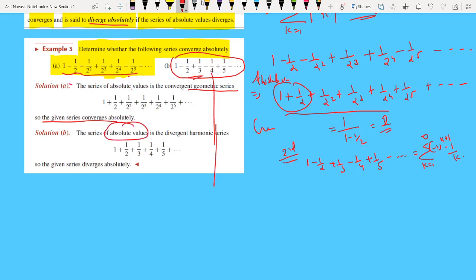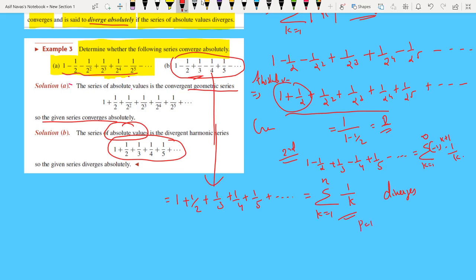What is the absolute value of this series? 1 plus 1 by 2, plus 1 by 3, plus 1 by 4, plus 1 by 5, plus etc. So what is this series? This is actually sigma k equal to 1 to infinity 1 by k. Is this series convergent? It is divergent, because it's a p series with p equal to 1, therefore it diverges. So that means even if a series is convergent, that doesn't imply it is absolutely convergent.